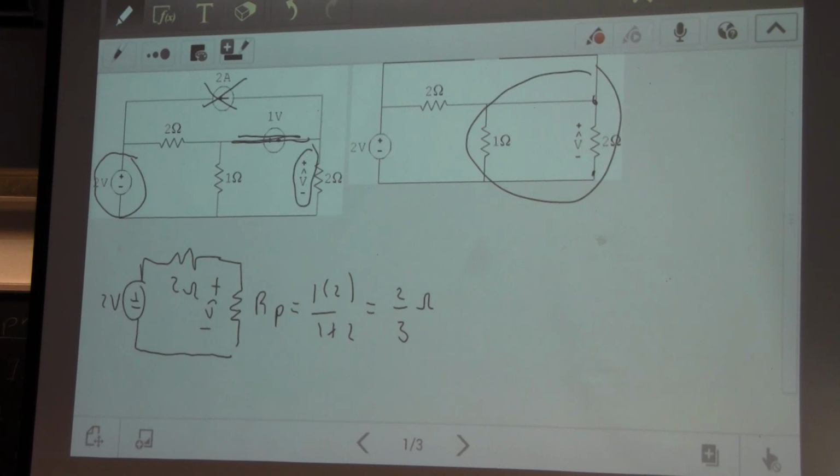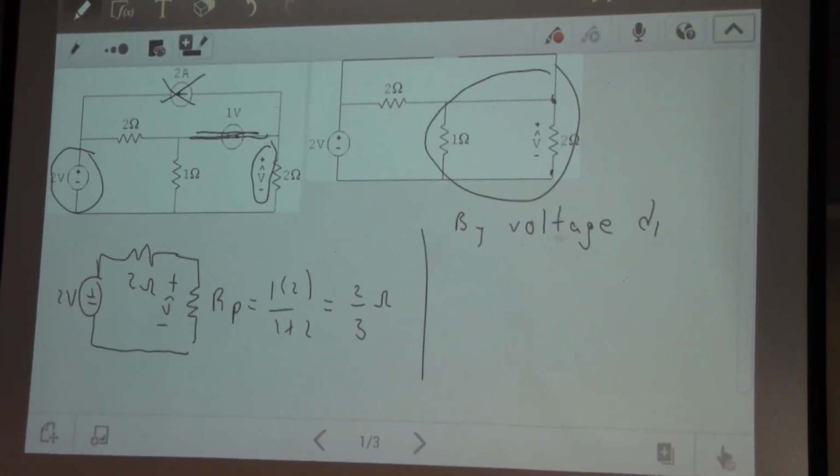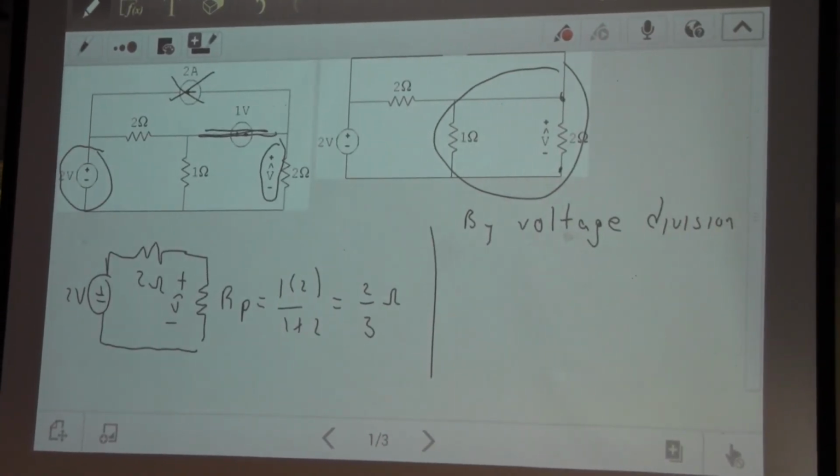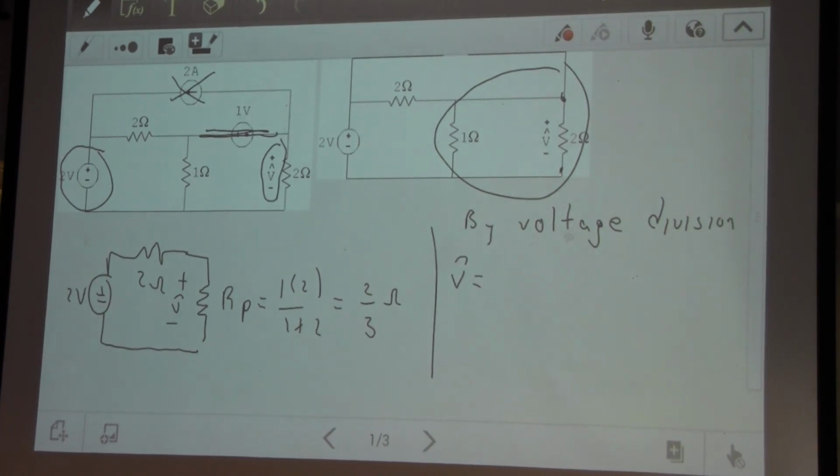I want the voltage across one of them. This is just a single loop, the resistors are in series, and I have a voltage source. Part of the voltage is across one resistor, part across the other, so I do voltage division. V hat is equal to the 2 volts divided between the 2 resistors.